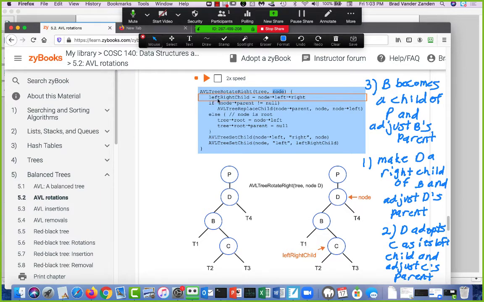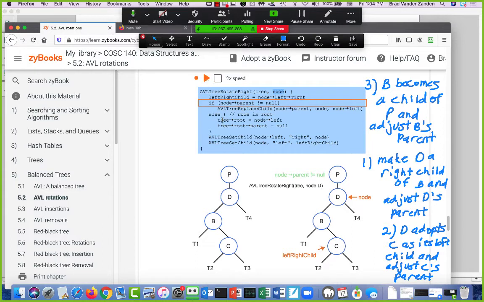So we do that with left, right child: the left, right child is the node's left, and then right. So that's what we have here. And we have to save this pointer to C because we will lose it when we make D be B's right child. We'll no longer have this pointer to C. So that's why we're saving this as left, right child.